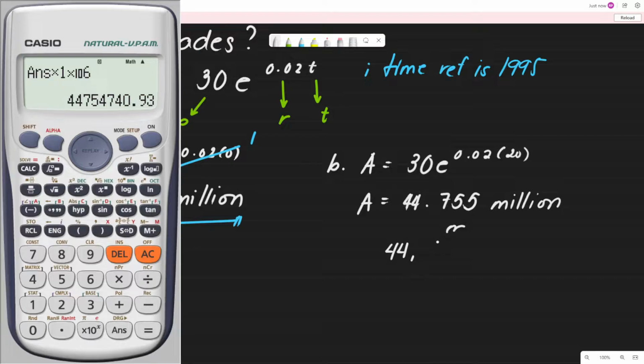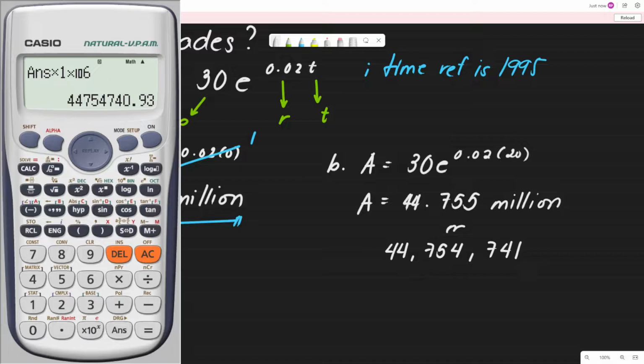So we have 44 million 754 thousand 741. Why did it become 41? Even if 0.01 or 0.1 comes out on our calculator, we're going to round it up. Why? There's no such thing as a fraction of a person.